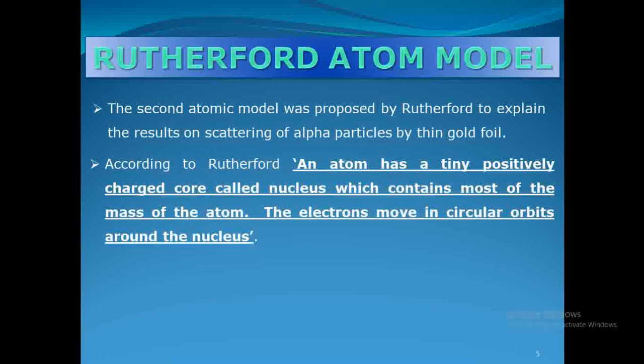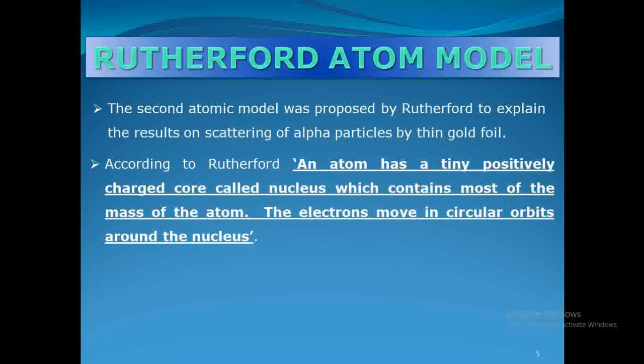The positive charge on the nucleus is equal in magnitude to the charge of the electrons revolving in different circular orbits. So this explained the neutrality of the atom, and gave a little idea about the atomic model.